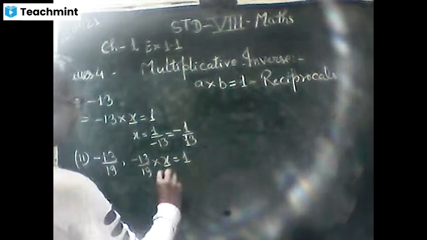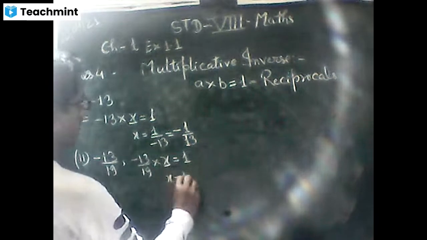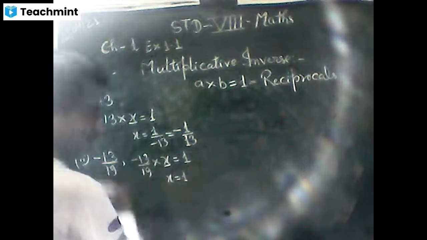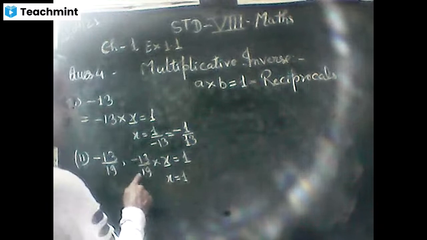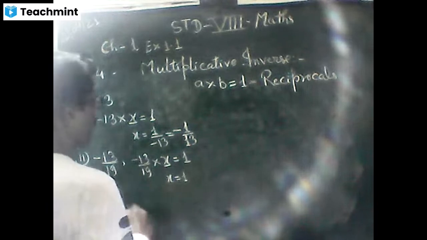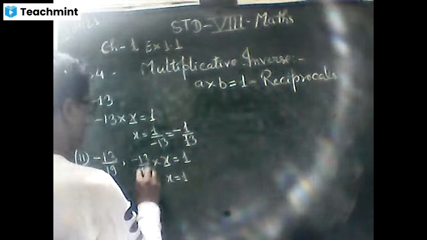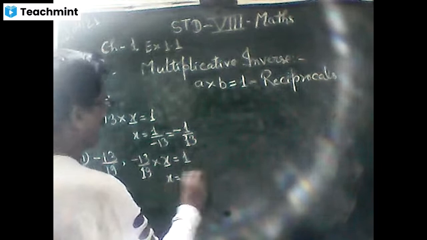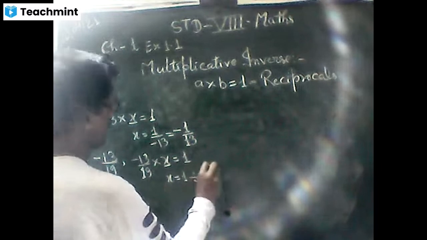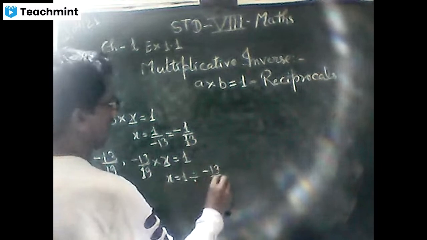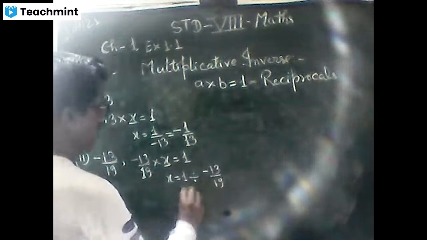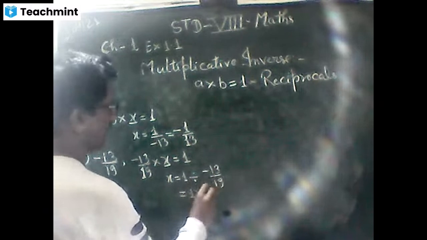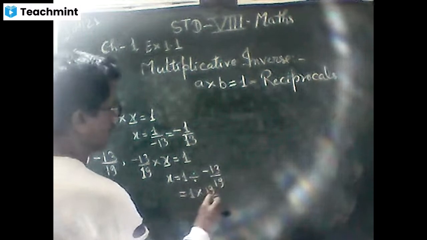Normally x equals 1 divided by minus 13 by 19, and in the division, our division changes into multiply, and this number becomes the reciprocal.